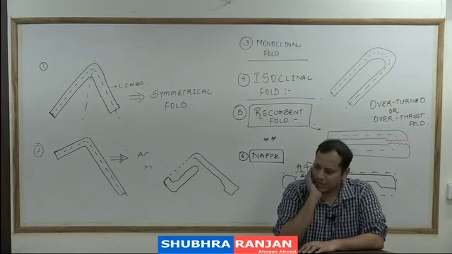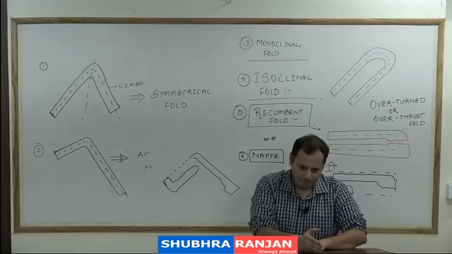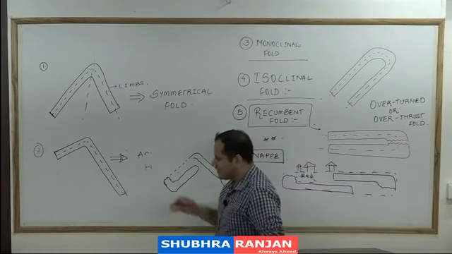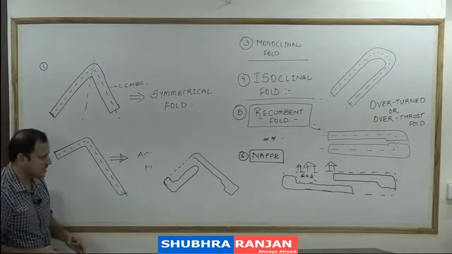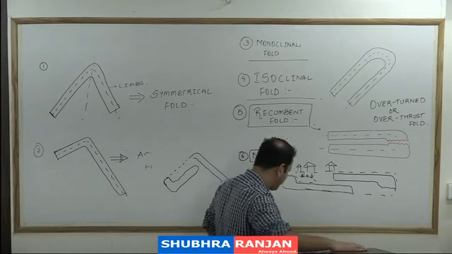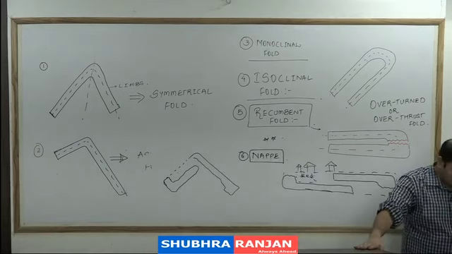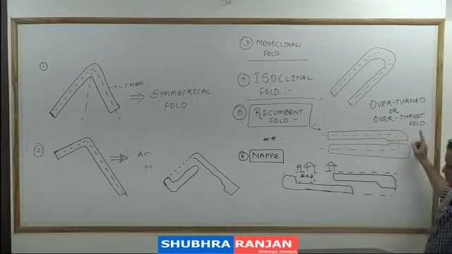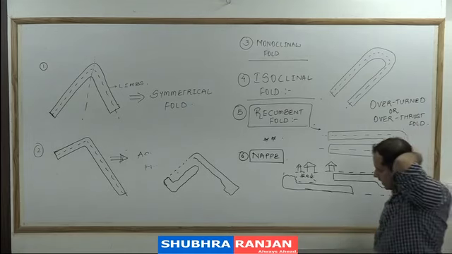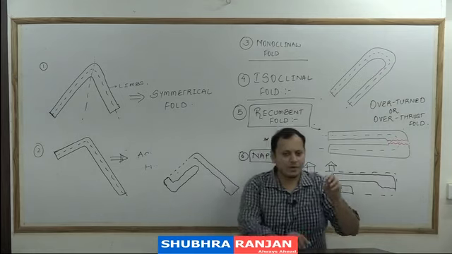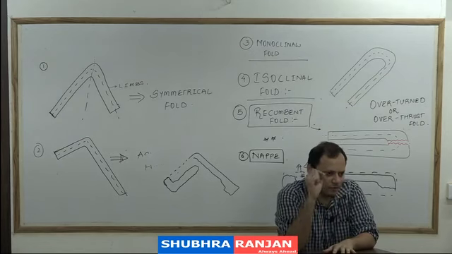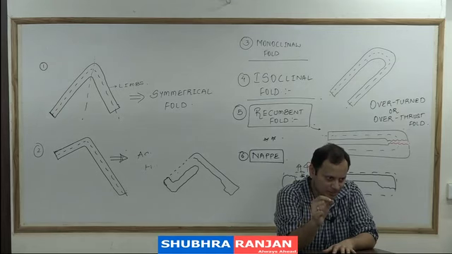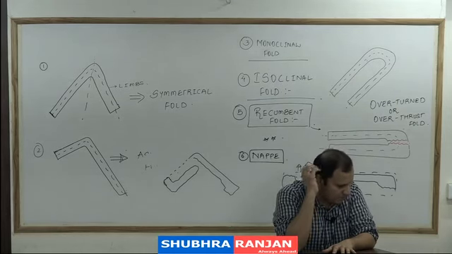The compressive forces are very strong, still active, and hence after breaking of the limbs, breaking matlab overthrust fold, after breaking of the limbs, both the limbs of the fold are displaced several kilometers apart.